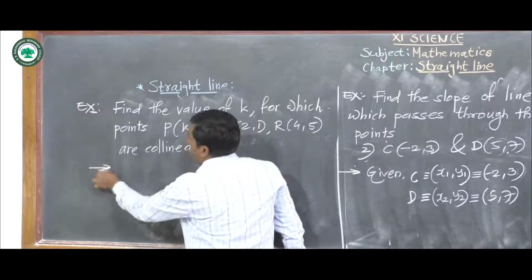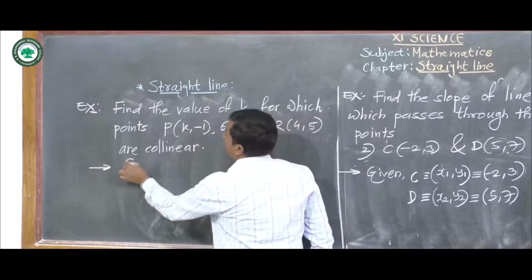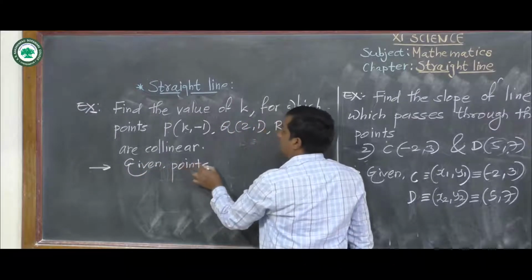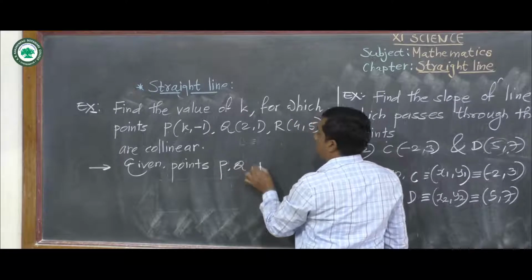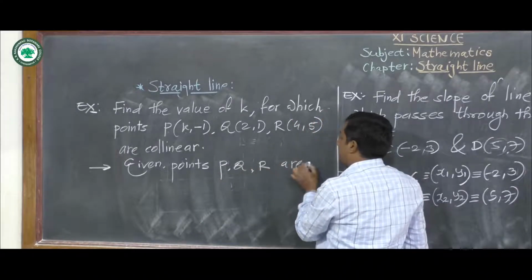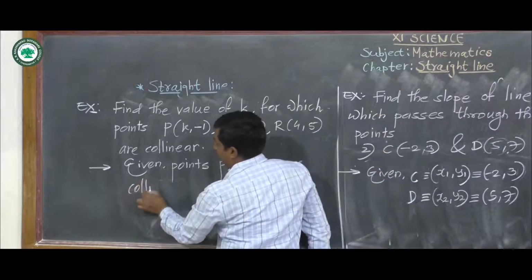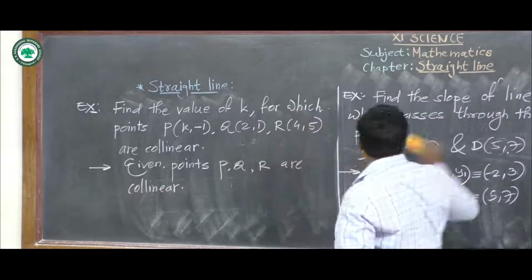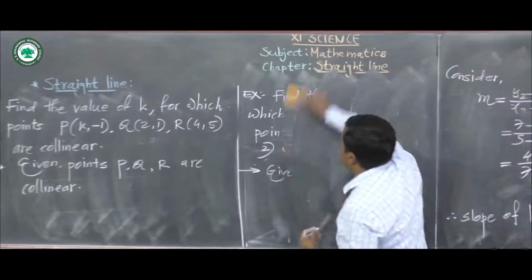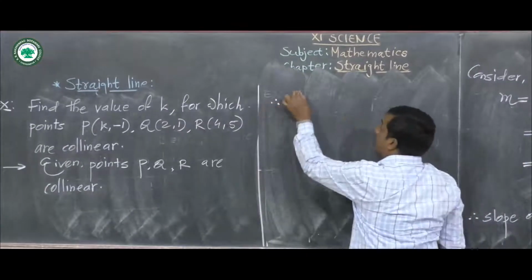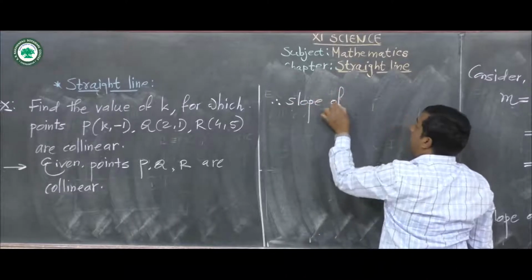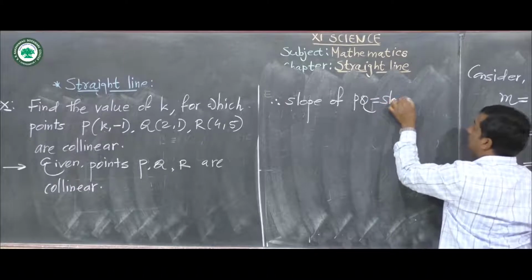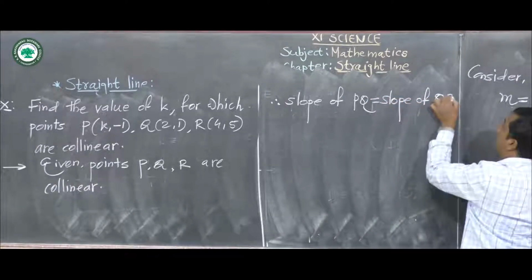Okay, so here I write directly: given points P, Q and R are collinear, therefore slope of PQ is equal to slope of QR.